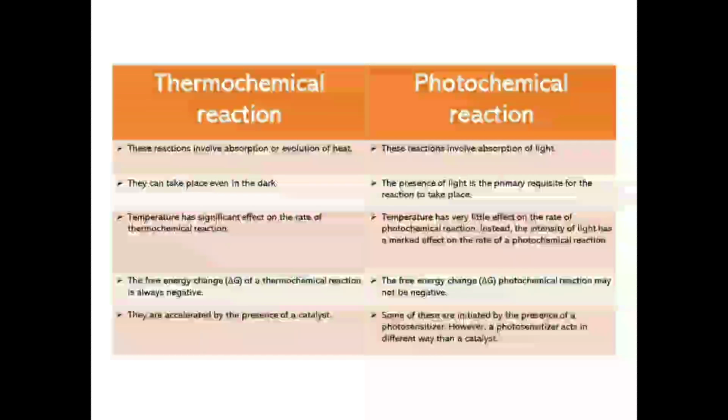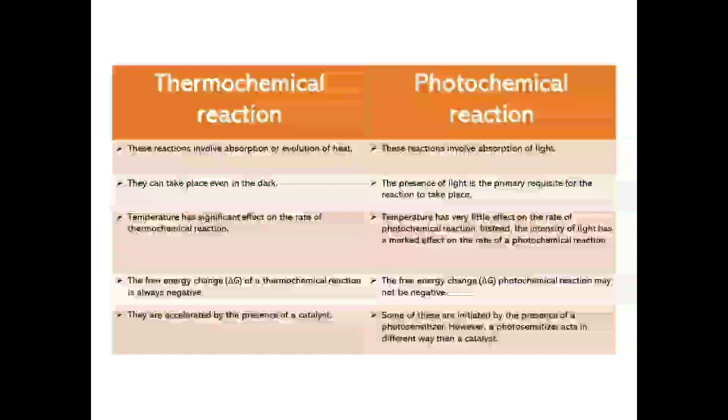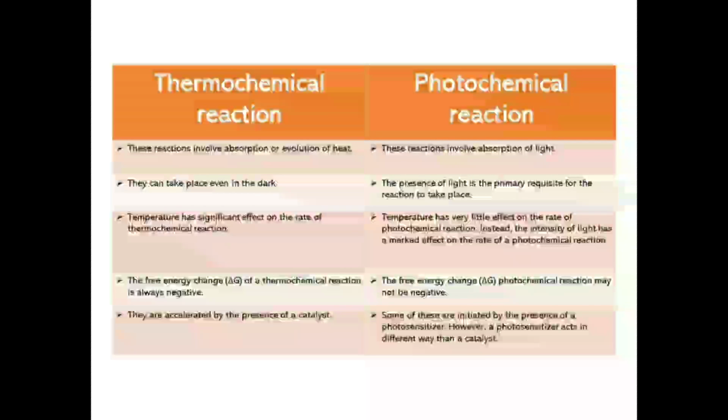Next point, the temperature has a significant effect on the rate of a thermochemical reaction. Here the temperature is very important, but in a photochemical reaction the temperature has little effect. The rate of a photochemical reaction depends on light; the intensity of light has more effect in this process. Next is the free energy. The free energy of a thermochemical reaction is always negative.